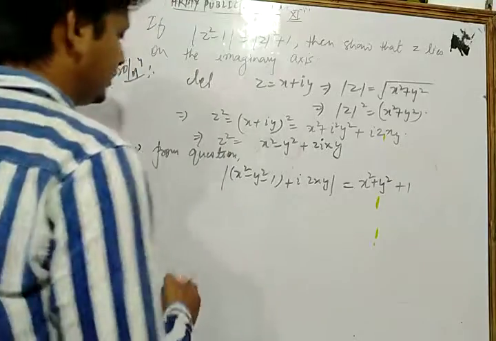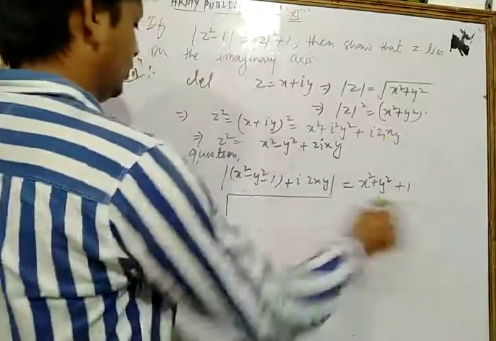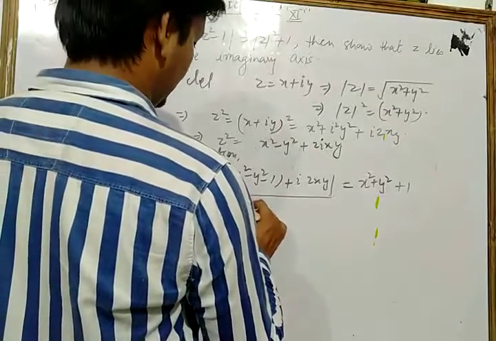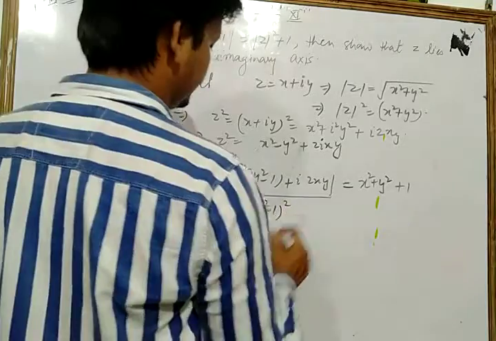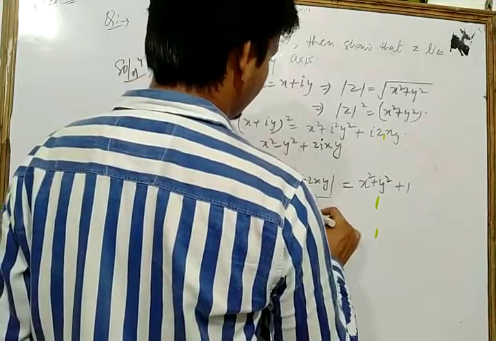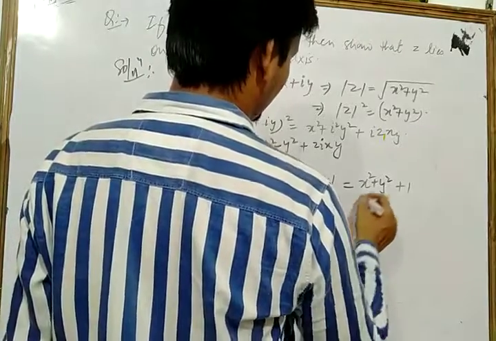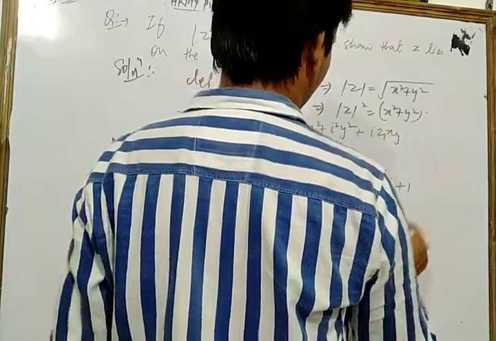So we have under root x square minus y square minus 1 whole square plus 4 x square y square is equal to x square plus y square plus 1.